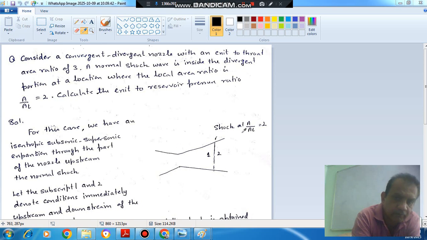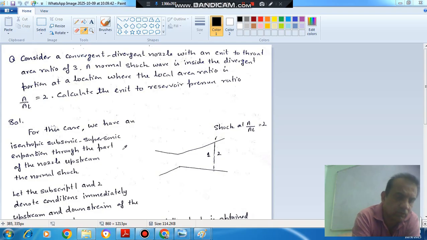So for A by At equal to 2, we can take At as A star, but for A2 by At we cannot take At as A star. That is different. Similarly, for exit area to At, At is not A star. That is not A star for these conditions. That is A star for these upstream conditions.